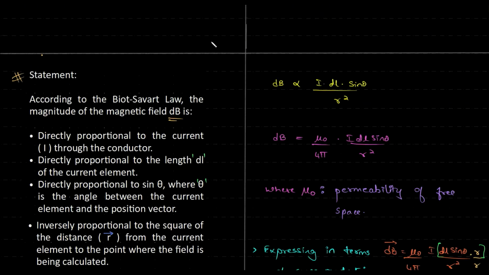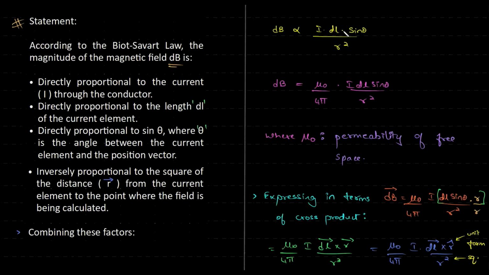So all it tells is, if you pick up the smallest wire part over there, look at the current going through it, look at the angle between your current element and the position vector, and look at the distance. All of this put together, you get this formula, and with a bit of rearrangement you get your cross product.